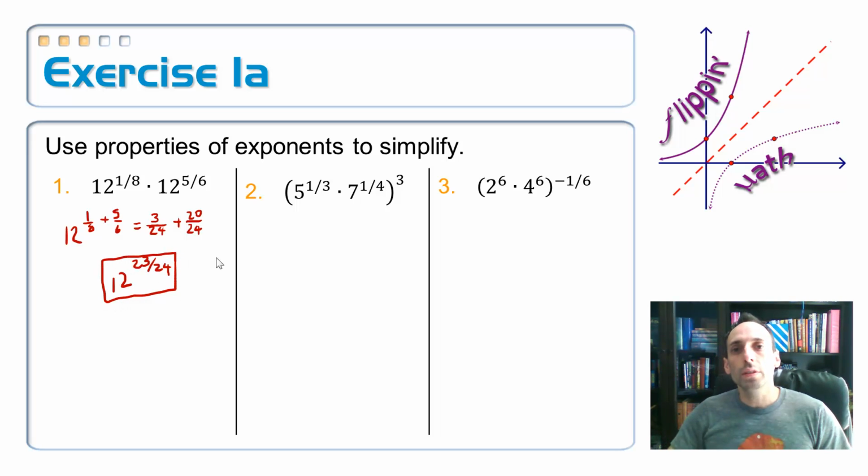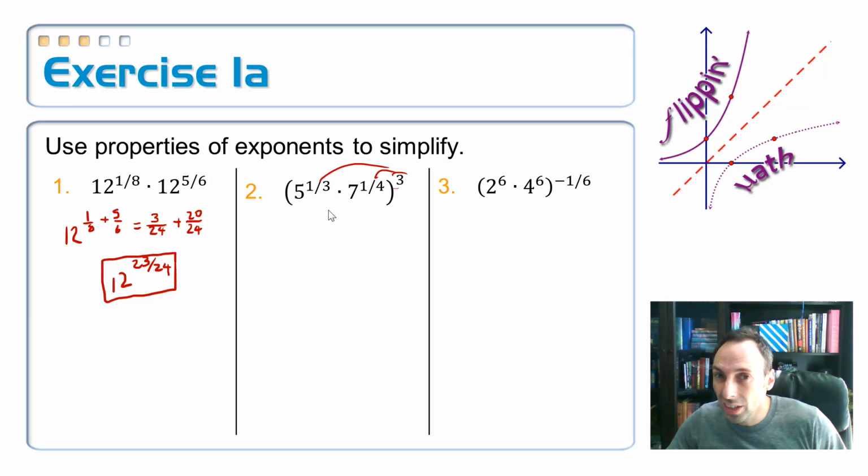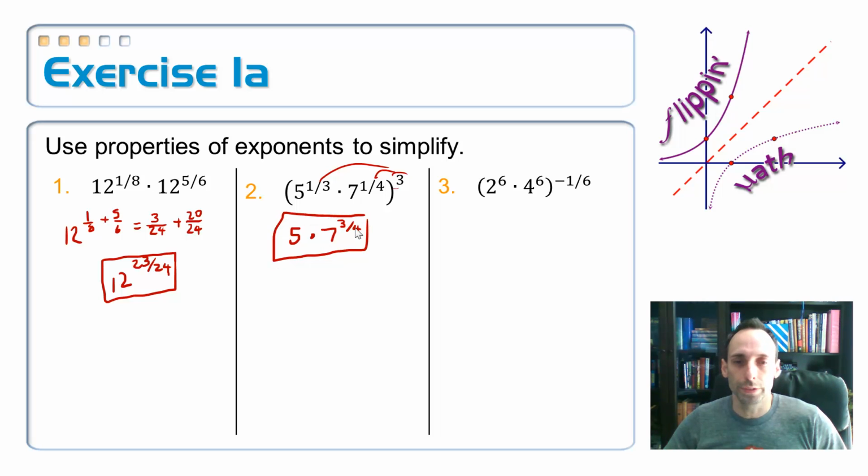That's interesting. Okay, on number 2, I have powers raised to another power. So you give this power to both of these inside, a little bit like a distributive property. So 5 to the 1/3 times 3, the 1/3 and the 3 cancel out, that's just 1. And then 7 to the 1/4 times 3 is 3/4. Nothing more to do there, it's done.